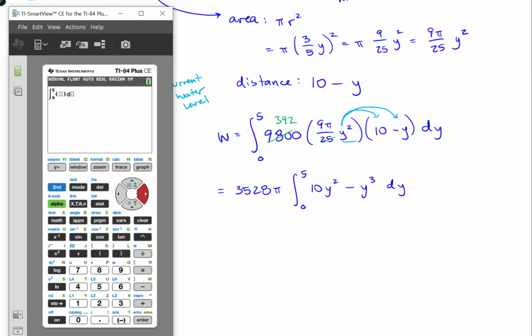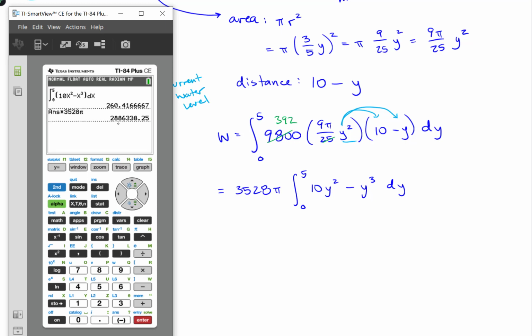So 0 to 5, 10x squared minus x cubed dx. All right, there's the value of that integral. That's going to get multiplied by 3528 times pi.